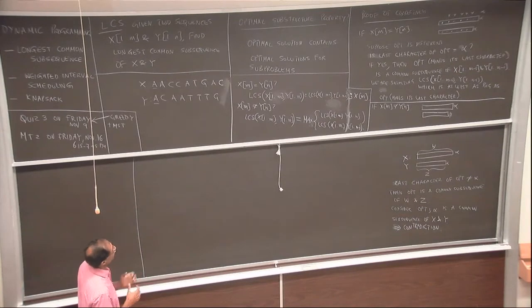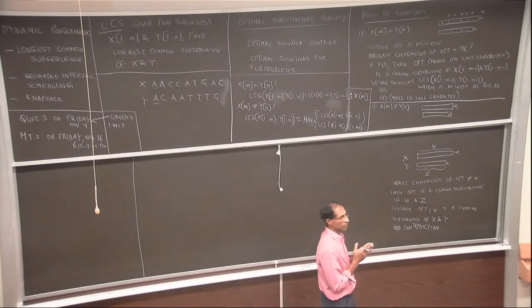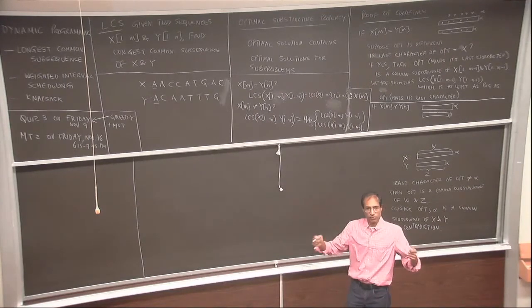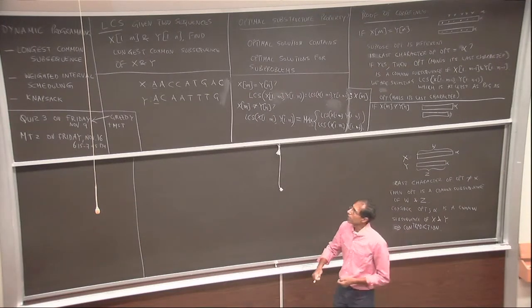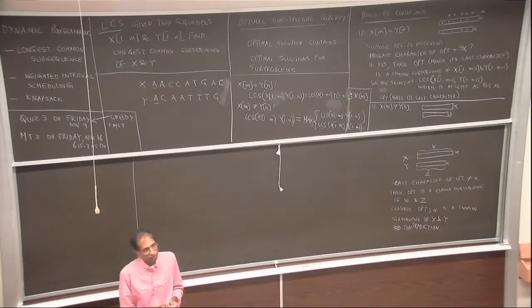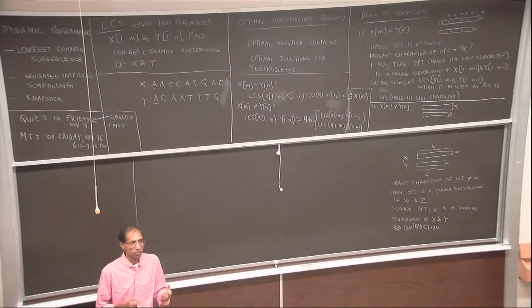Okay, so all of the questions we will be looking at will be of the form, there will be an associated objective. Okay. What is the objective here? The length of the sequence. In weighted interval scheduling, the objective would be the sum of the weights of the intervals that we select. Knapsack, there's another problem, the objective function would be the sum of the value of the objects that we select.